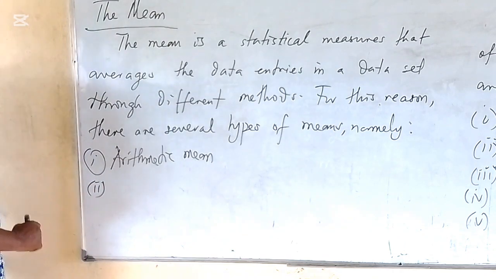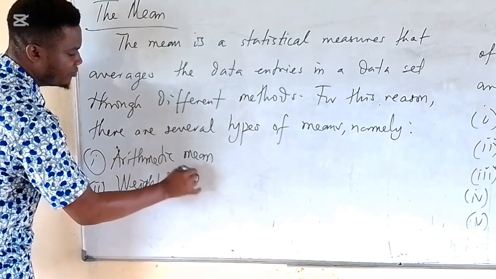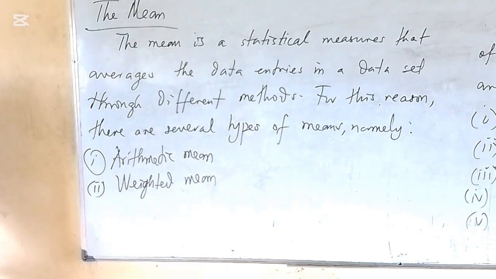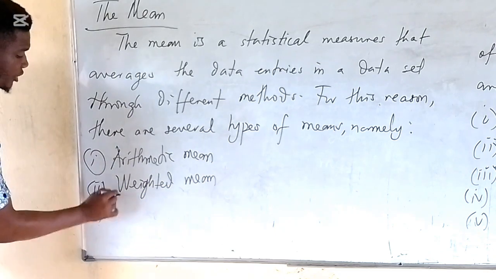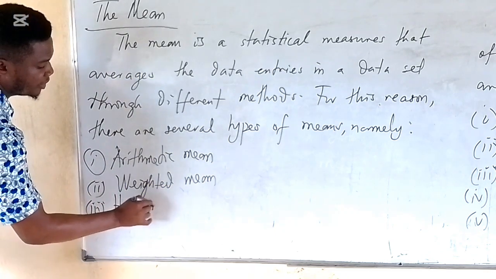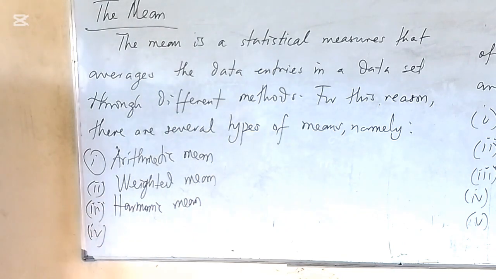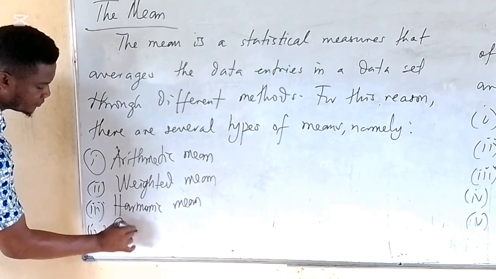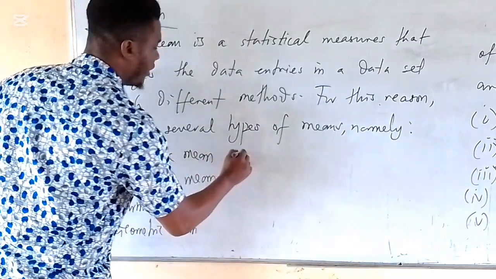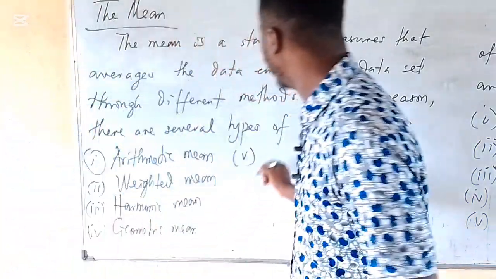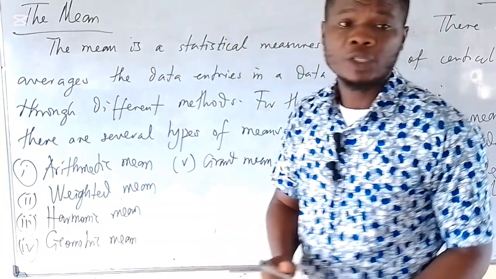So 2, we have what we call the weighted mean. The weighted mean is another type of mean. Number 3, we have another type of mean we call the harmonic mean. Number 4, we have the geometric mean. Number 5, we have the grand mean.